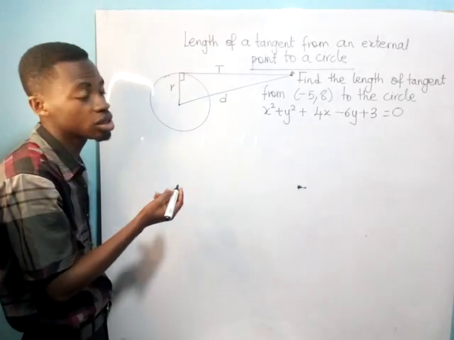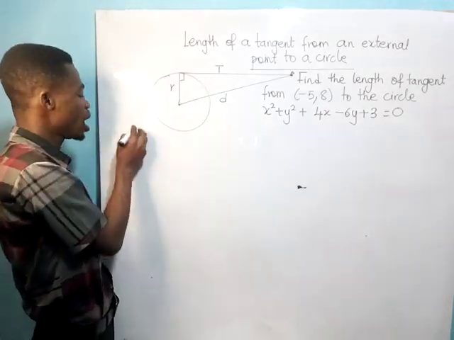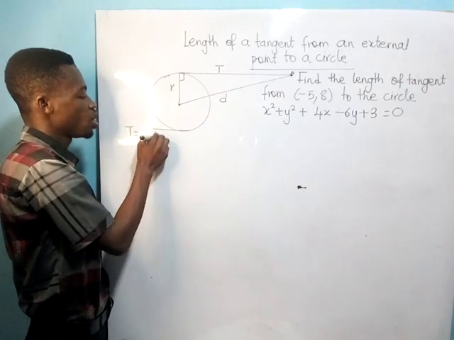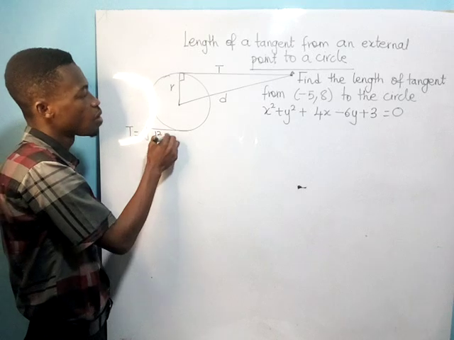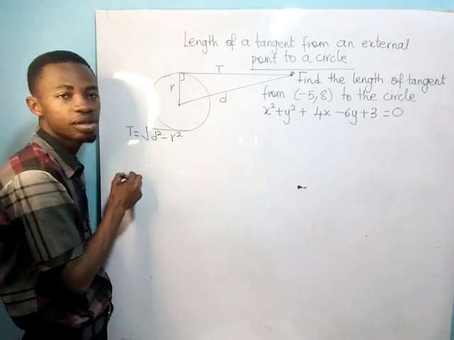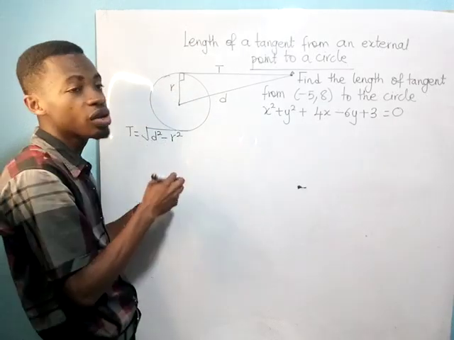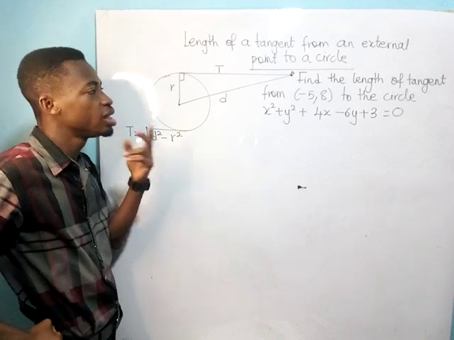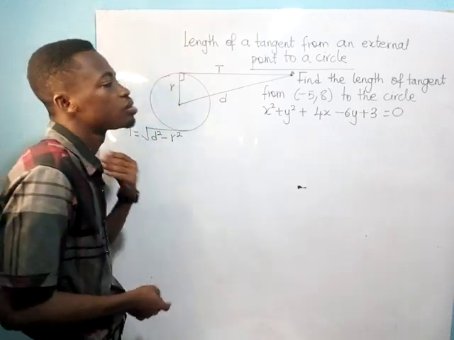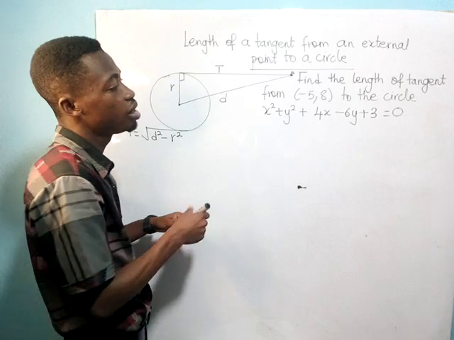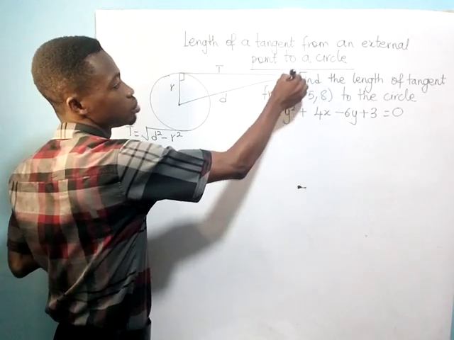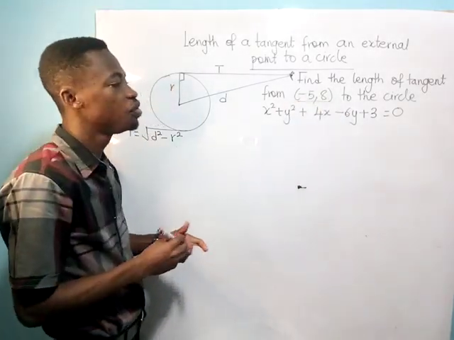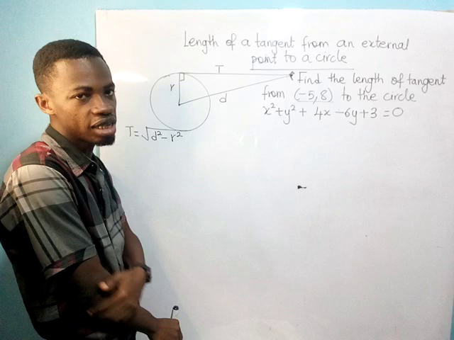So by Pythagoras theorem, we know that T is going to be the square root of the square of D minus the square of R. Now, from the given question on the board, we do not know R, neither do we know D. But fortunately for us, we've been given the external point, which is (-5, 8), and we've been given the equation of the circle.